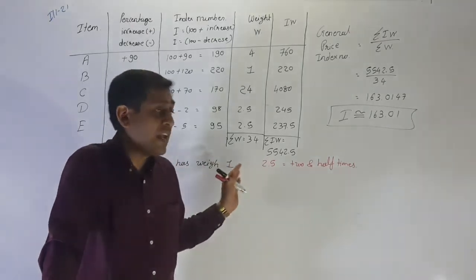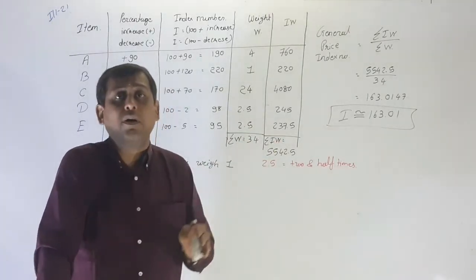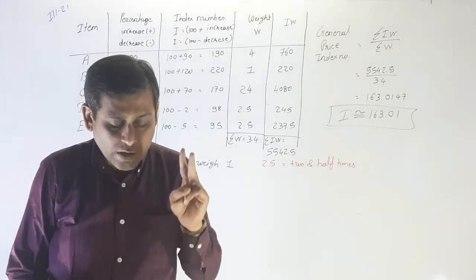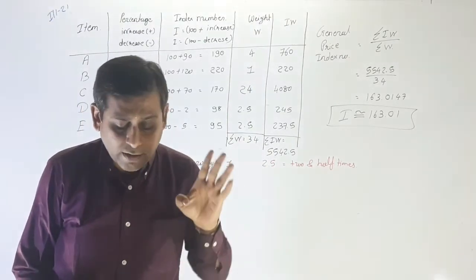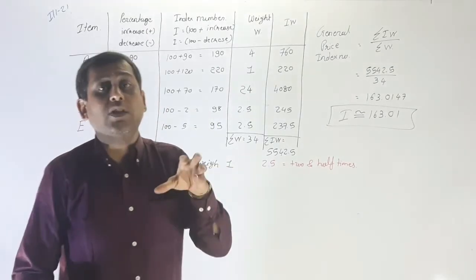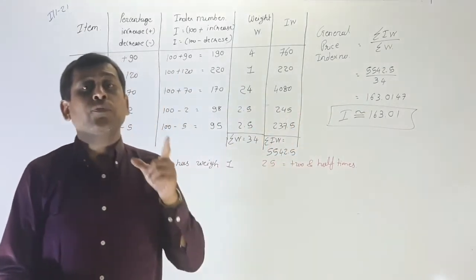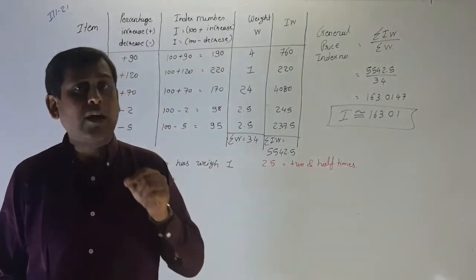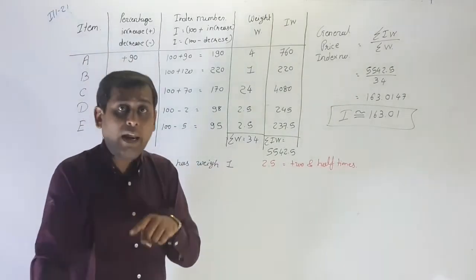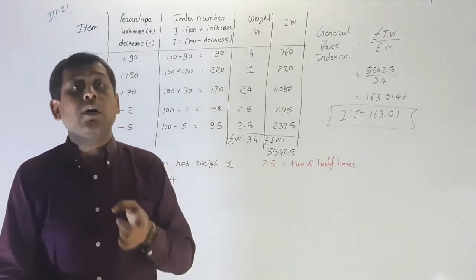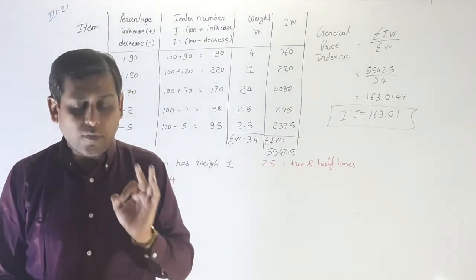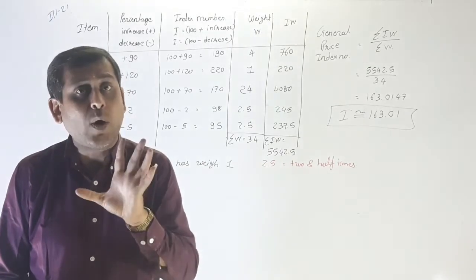So if we add the fuel item here, we have 5 items. First is food, then clothing, then house rent, miscellaneous, and the fifth item is fuel. We first have to find the fuel index number, then use it here to find the index number of all the 5 items by the family budget method.